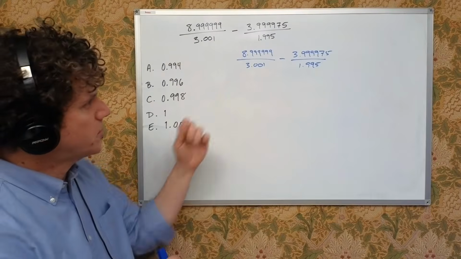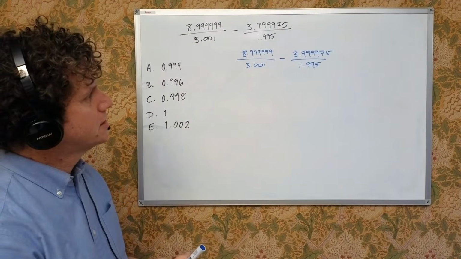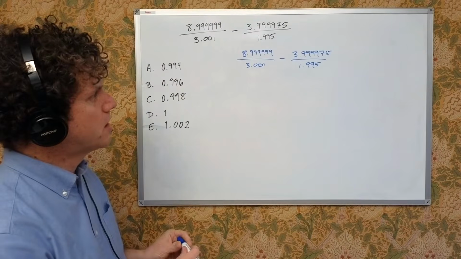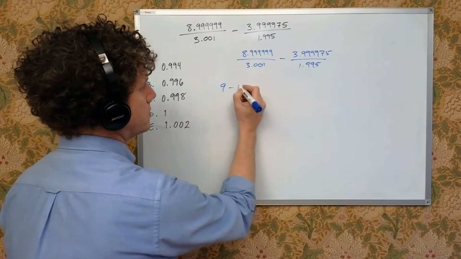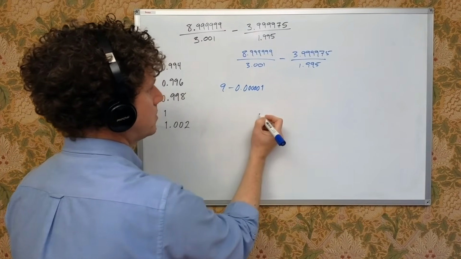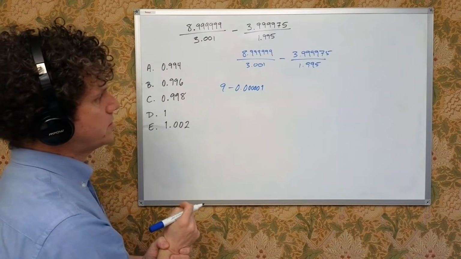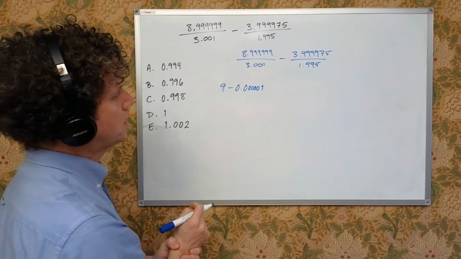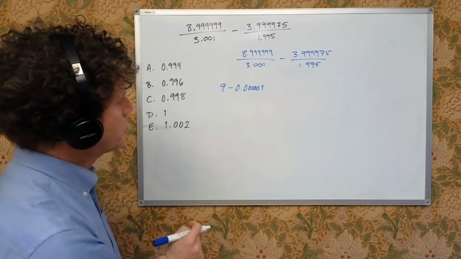How can I express this? How not 9 is that? I mean, it's real close to 9, but it isn't 9. It's 9 minus 1, 2, 3, 4, 5, 1. Bit like so. And there are lots of ways to express this sort of thing.